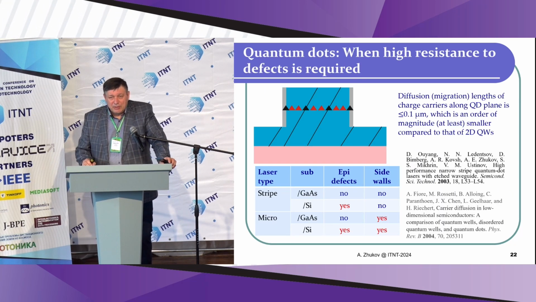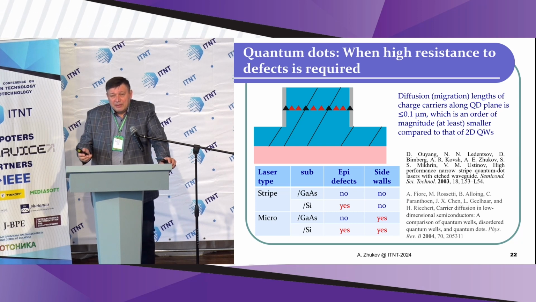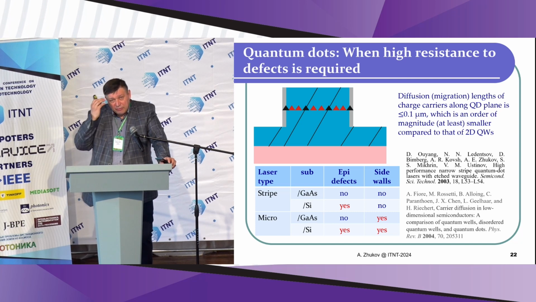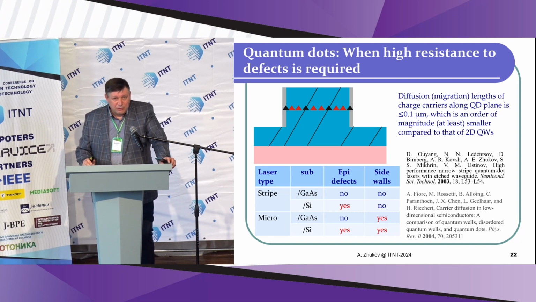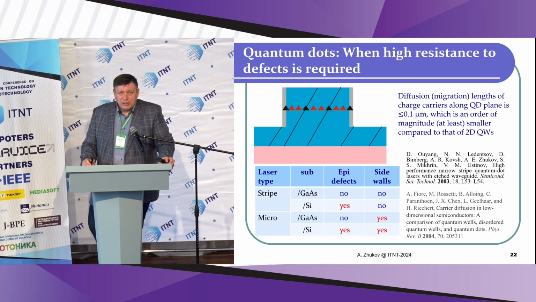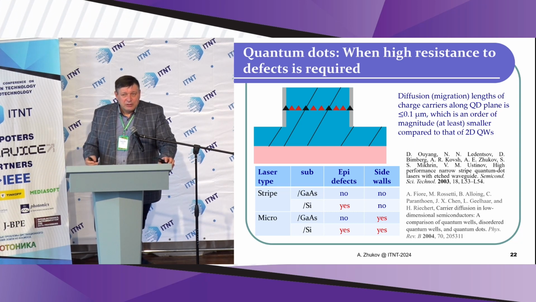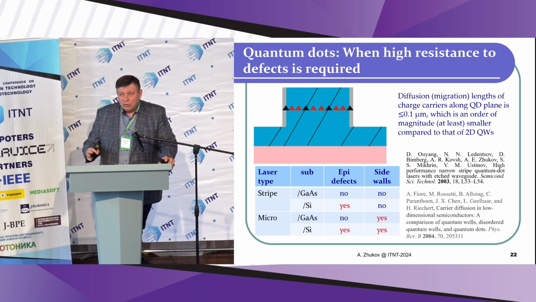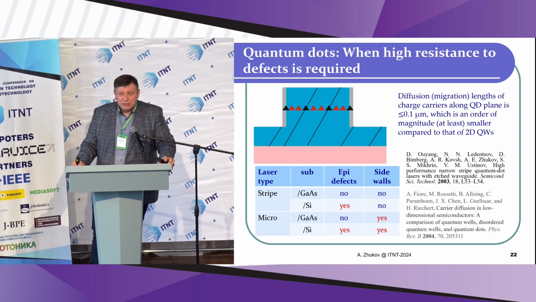Here I summarize when the insensitivity of quantum dots to different defects can be useful. For example, in Fabry-Perot lasers or in DFB lasers grown on native gallium arsenide substrates, there are no sidewall defects and no crystalline defects, because the process is just growth of gallium arsenide on gallium arsenide, and no new defects appear.